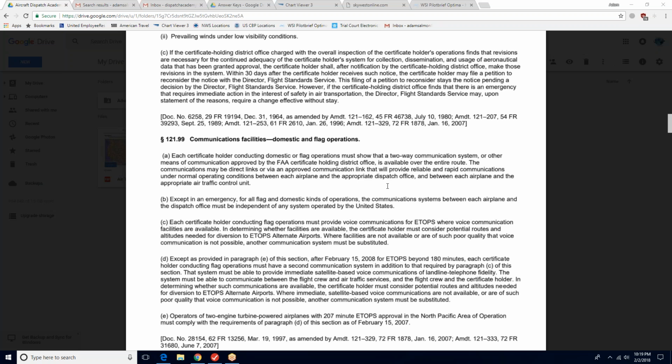You have to be able to fit it in. Not to say that you don't get them, you obviously get them, but anytime you step away from your desk, you need to arrange to have somebody else that has a dispatch license watch your flights while you're not there, so that this can be complied with, if that makes sense.